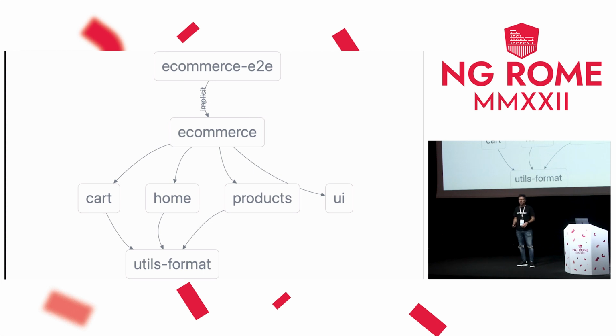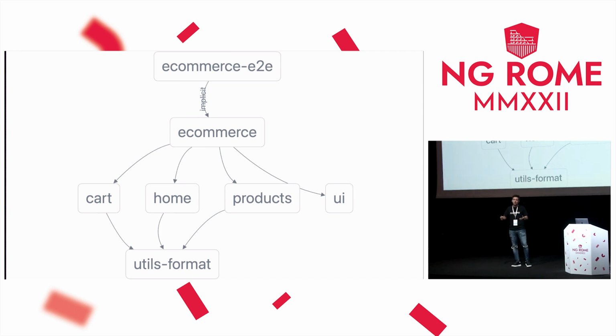This is the same repository seen before, but in this picture, people can get more info about the code base, because you can see there is an end-to-end application, an application, and a lot of boundaries. And you are able to understand the relation between the boundaries.